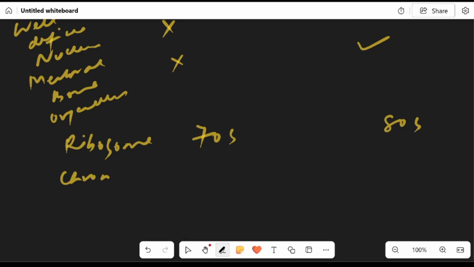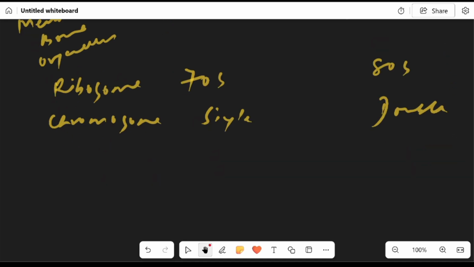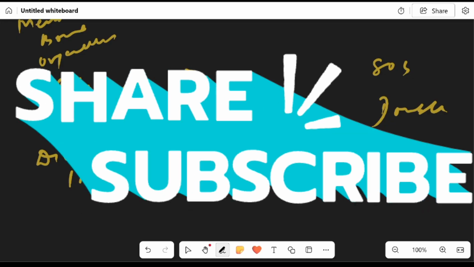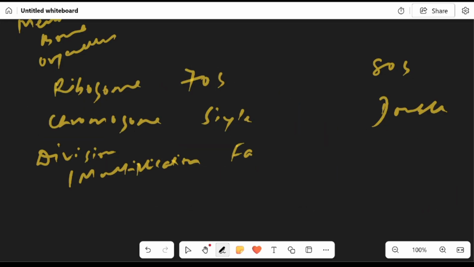Chromosomes: this one is single and this one is double. Then division or multiplication: it's faster, it's slower.